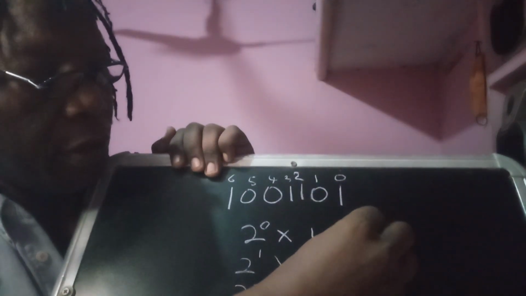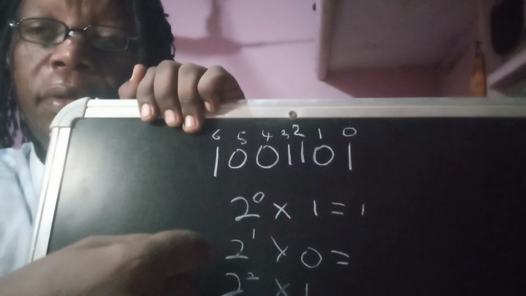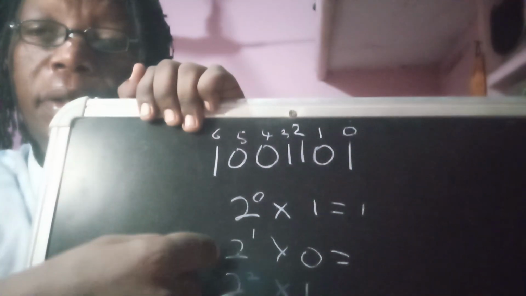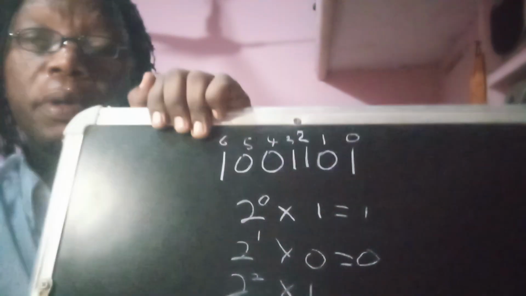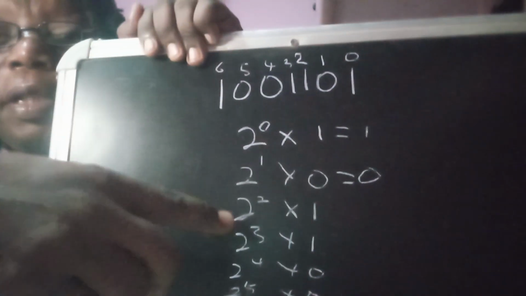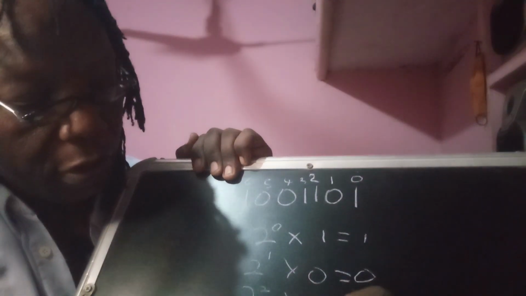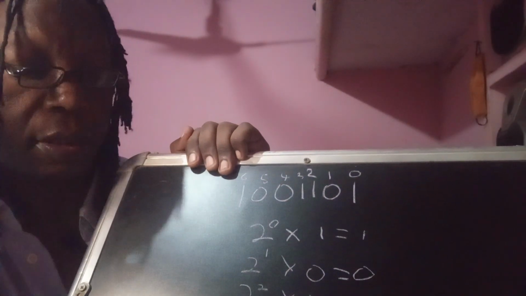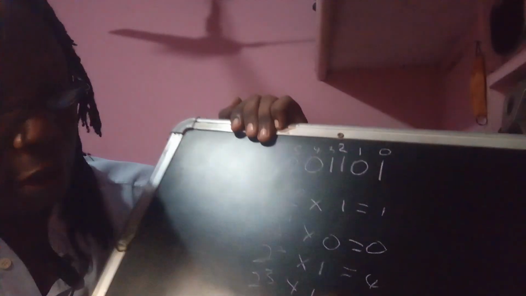Here 2 raised to power 1 is 2, times 0 is 0. 2 raised to power 2 is 4, times 1. This one is 4. And then 2 raised to power 3 is 8, times 1, this would give us 8.